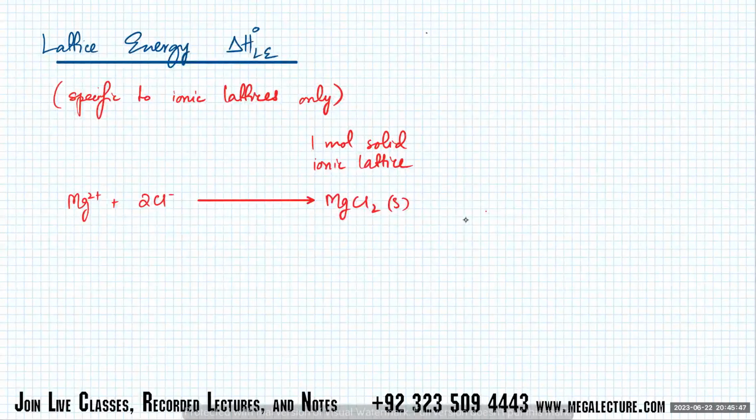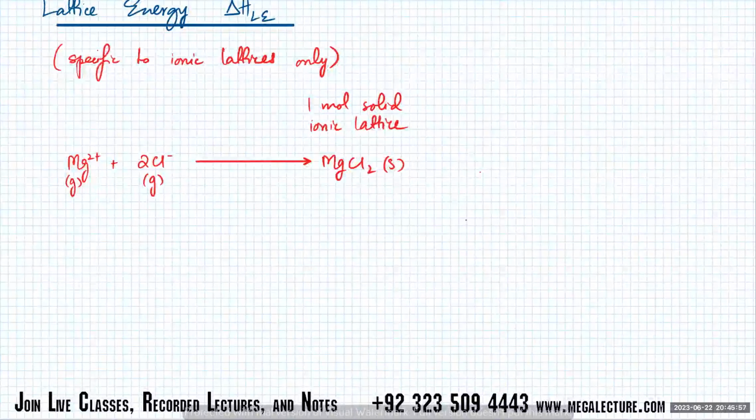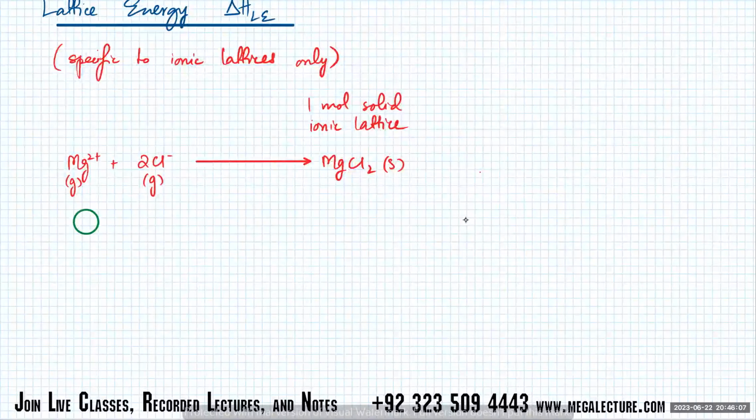I need 2 Cl ions, I need 1 Mg ion, and I need them in the gaseous state. That means they're flying around and they join together to form ionic compounds. So if you want to picture this, you have these positive and negative ions that are independently floating around.